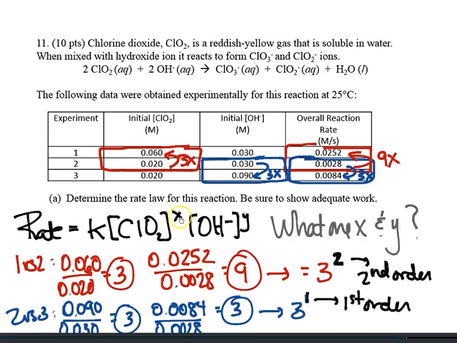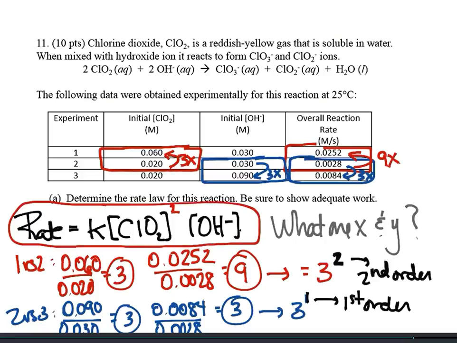So we're going to plug those numbers in here, right? ClO2 becomes a 2, and then hydroxide is to the first power. So I'm erasing the x and the y, adding in numbers there, and I'm going to circle the rate law. This was worth 7 points. You got a point for comparing the concentration of chlorine dioxide.